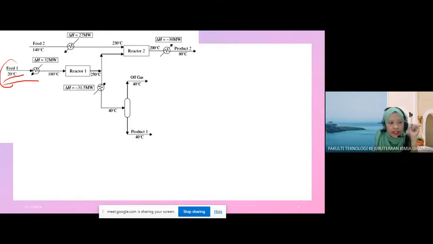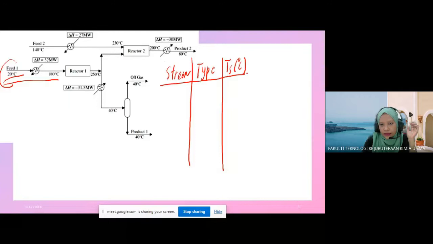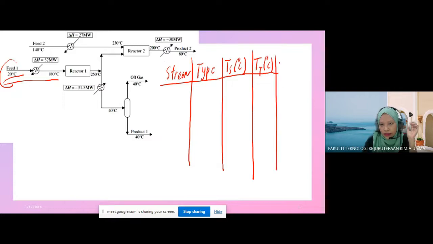Okay, now start with this feed. You extract the information first. You have the type of stream, hot or cold, and then the supply, and then the target, delta H, and CP.